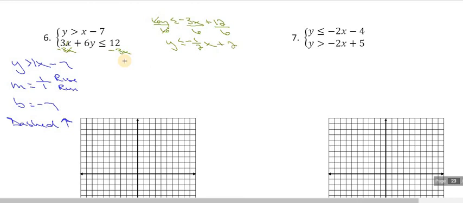So we need to simplify. We're now in slope-intercept form, where our slope is -1/2 and our y-intercept, our b value, is 2. Because we are less than or equal to, we have a solid line and shaded below.